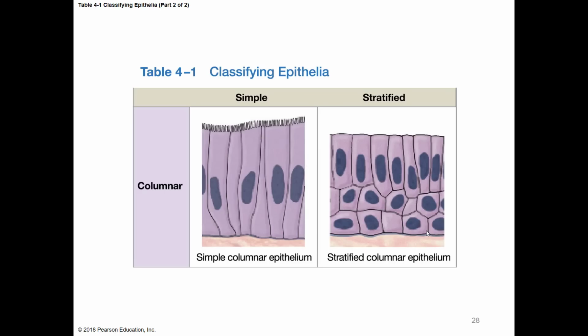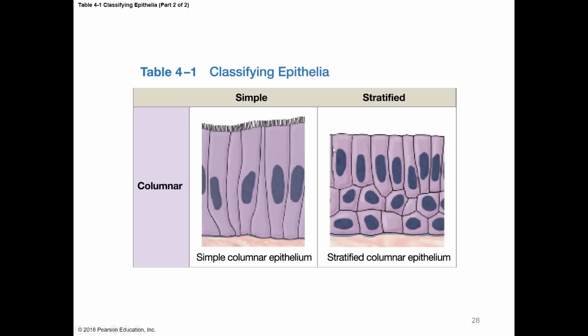Next we have columnar. So if we find the basement membrane and look above it, definitely simple, definitely column shaped. So this would be simple columnar epithelium. Basement membrane, looking above, we can see multiple layers, so that's stratified. Remember, we always go to the apical surface to determine the shape.